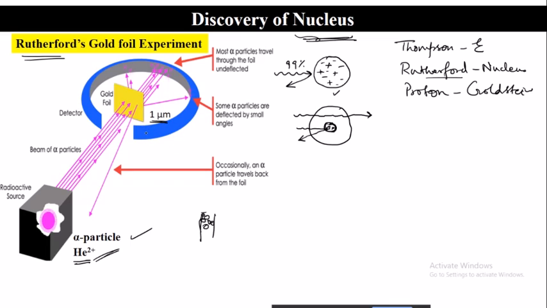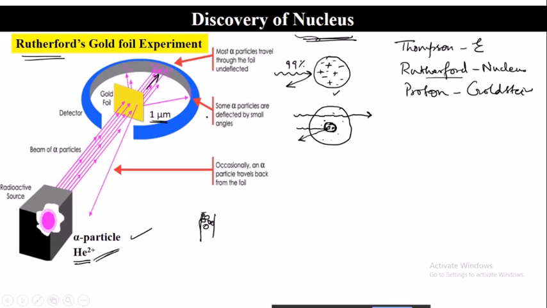So that is the overall experiment setup in which when you are passing these alpha rays, most of them are passing through because most of the atom is empty, and whichever particle is hitting the center of the atom, the nucleus, only those few are going to deflect by a small angle.